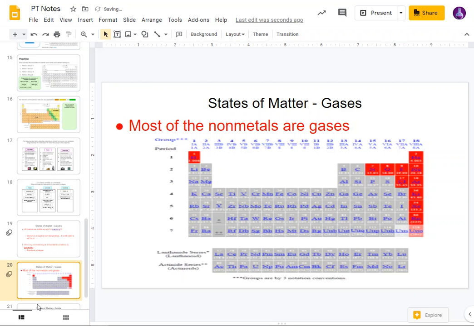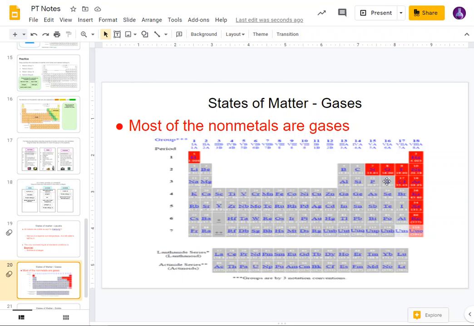The ones that are going to be gases, most of your nonmetals are gases. You have hydrogen over here, and then it starts with nitrogen, oxygen, fluorine, chlorine, and then the noble gases. Remember, bromine is a liquid. These other nonmetals here, carbon, phosphorus, selenium, iodine, and sulfur, those ones would be considered solid at room temperature.